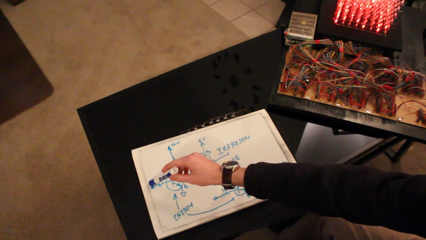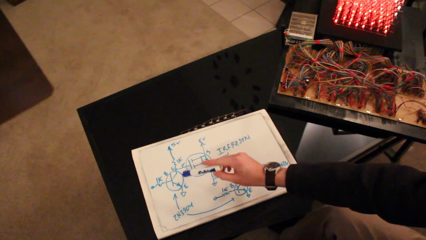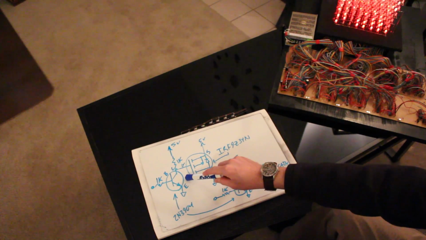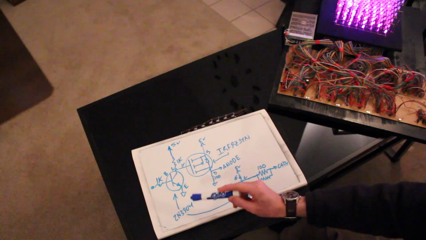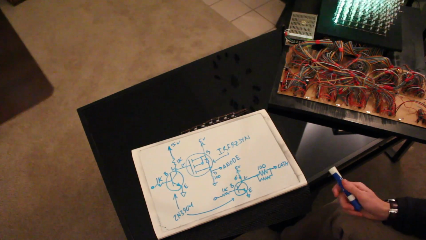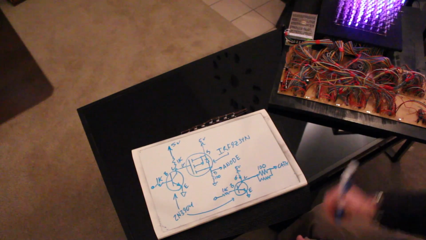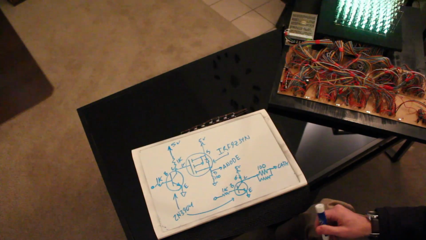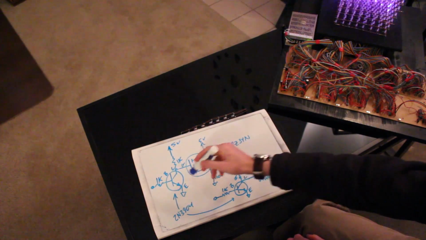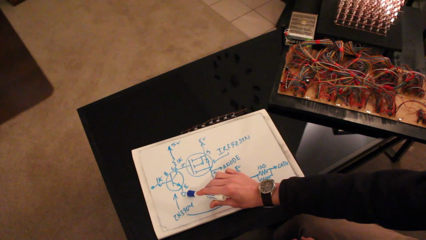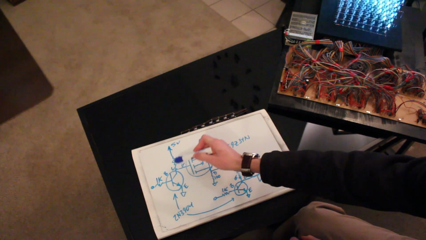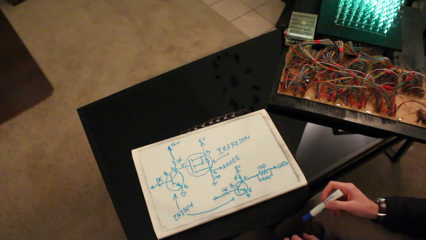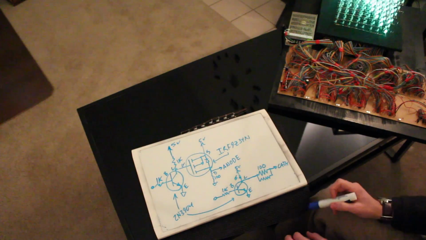We have a pin connected through a 1K to an NPN BJT type transistor, and these are 2N3904 transistors. You don't have to use that transistor, just any small signal type transistor like that will work. So its emitter is connected to ground, its collector is connected through a 1K to 5 volts, and that's just the pull up there.